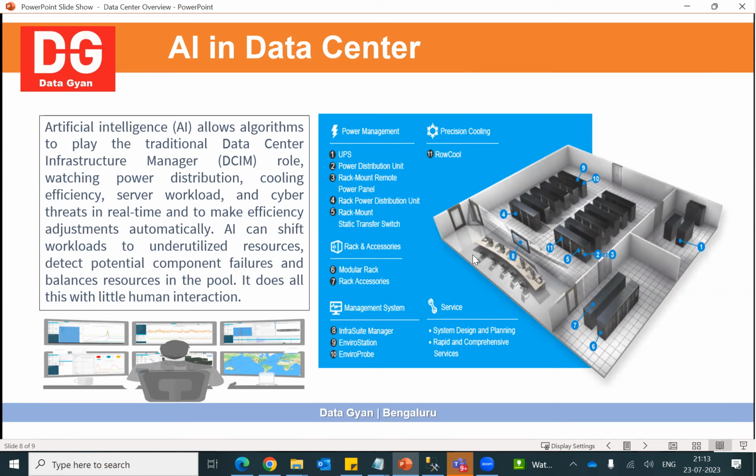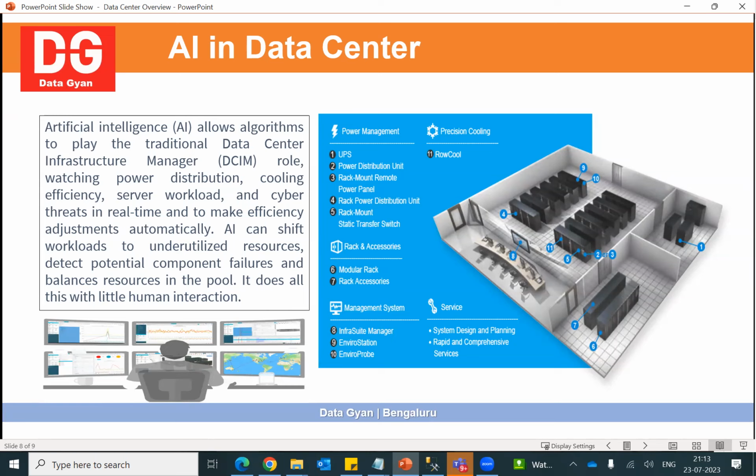Now since AI is coming, a lot of AI-driven things are being utilized in the data center itself to get many things automated, or it will automatically tell where the hard drive has failed, where more heat is generating, all this sort of information, so that human intervention will be less. Maybe in the early days, some 20 people were working to manage the data center.